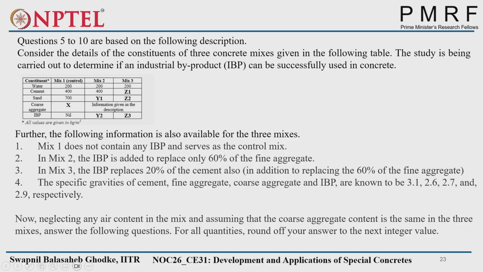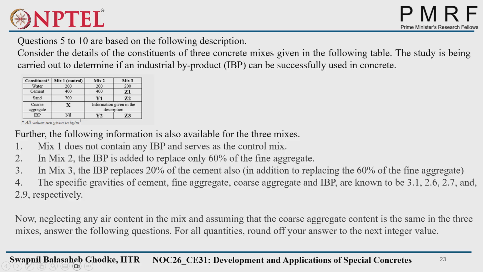So sand is 700, and 60% has been replaced by industrial byproduct, so 40% remains. 700 into 40% is 280. So y1 will be 280.